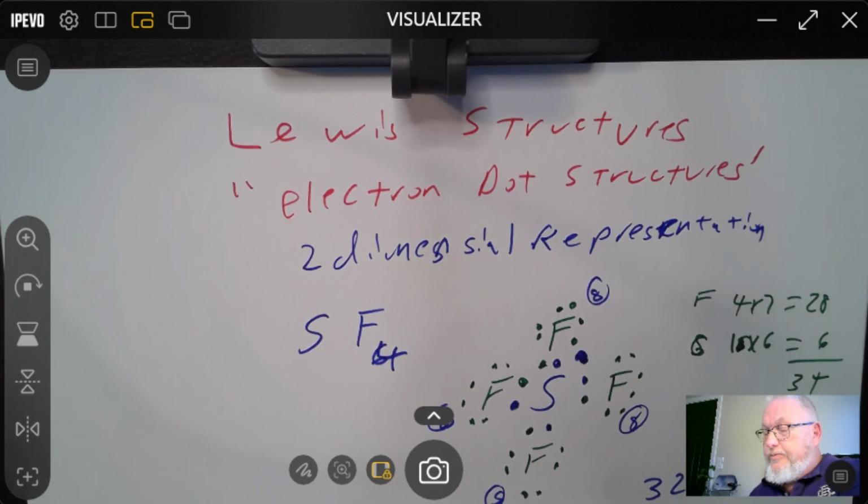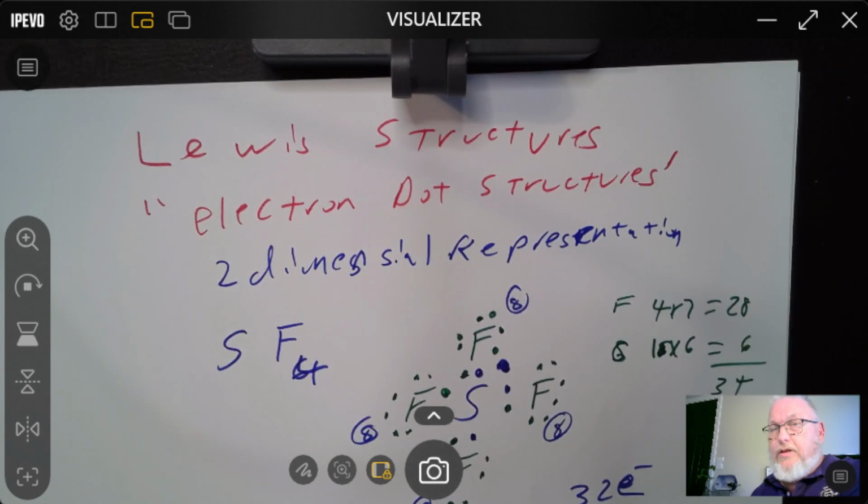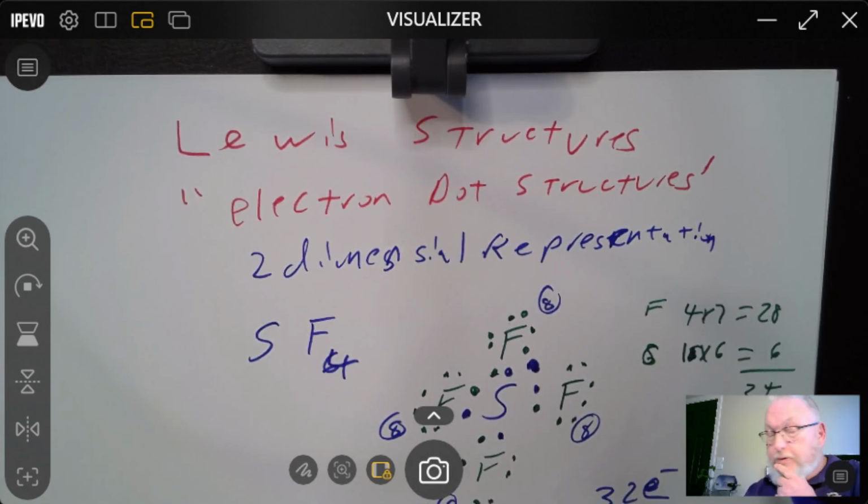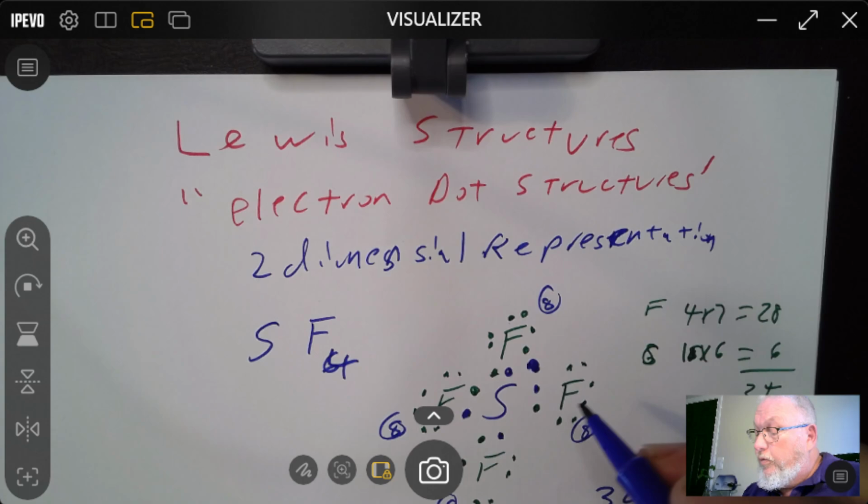Make sure you can see this one. 32 electrons. Supposed to have 34. So all we've got to do, we need 2 more.